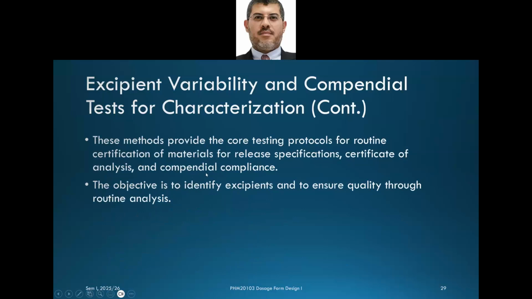If you work in R&D later as a formulation scientist, then this is a good reference to know about excipients. This Handbook of Pharmaceutical Excipients contains monographs for different excipient types.